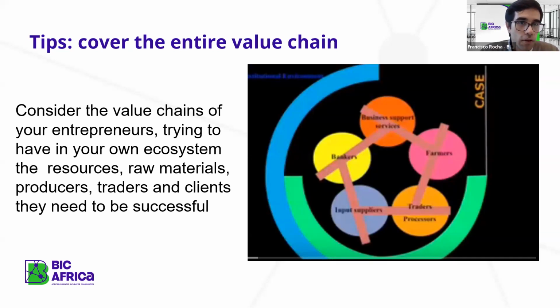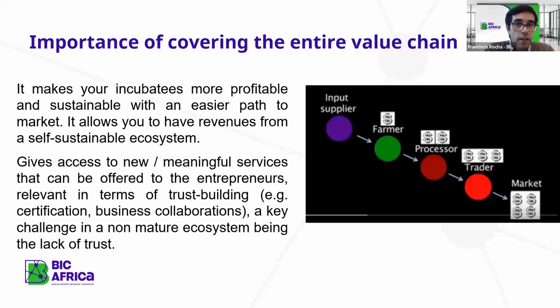So it is important to consider the whole value chain of the entrepreneurial ecosystem, or specifically of the entrepreneurs that are part of your incubator or accelerator, and try to put them together with the whole value chain.